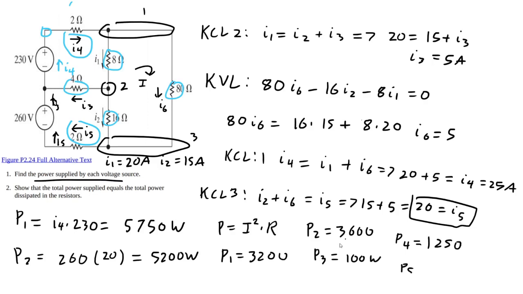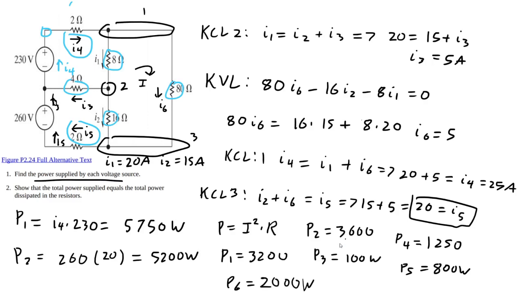P5, we're going to do I5, which is 20 squared times 2, so 400 times 2 is 800 watts. And P6 is, let's see, I6 was 5 amps, 25 times 80, 2000.